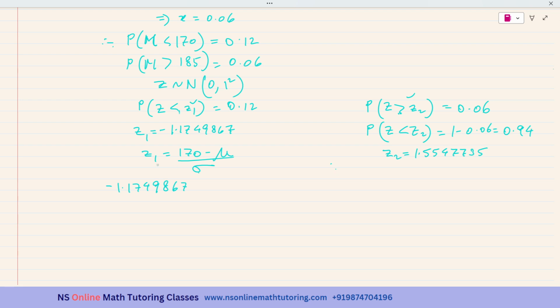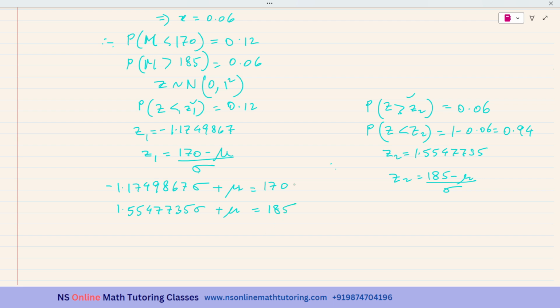I'm multiplying both sides by sigma, so negative 1.1749867 sigma equals 170 minus mu, so negative 1.1749867 sigma plus mu equals 170. And from this, Z2 equals 185 minus mu over sigma. So the second equation is 1.5547735 sigma plus mu equals 185.